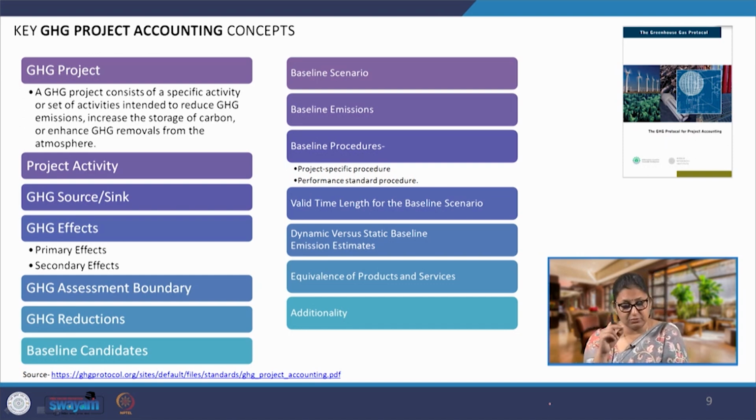Then we also have to define the valid time length for the baseline scenario. For example, we are in 2023 today. Suppose India says that we will become net zero, that is an absolute intent, but if it says that we will reduce emissions by 50%, 50% of which baseline scenario? That baseline cannot remain the same. Today the world cannot say that we will reach the emission levels of the industrial era.